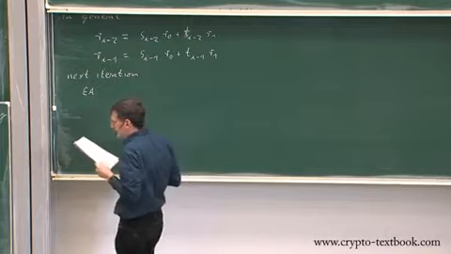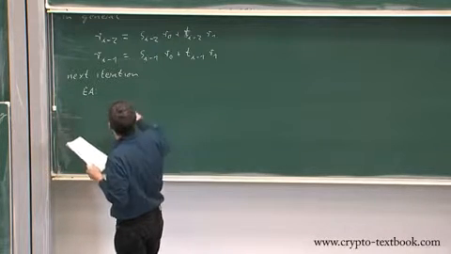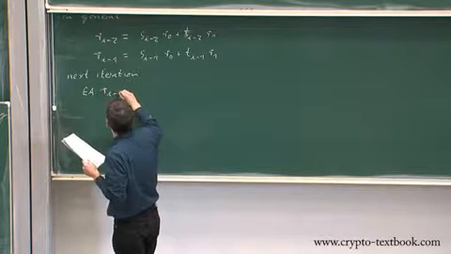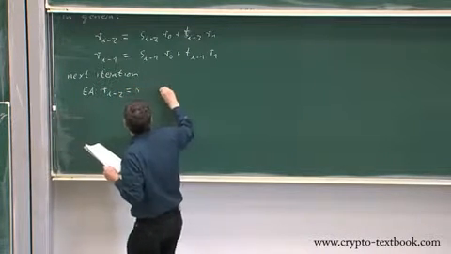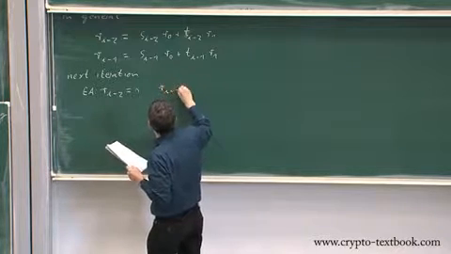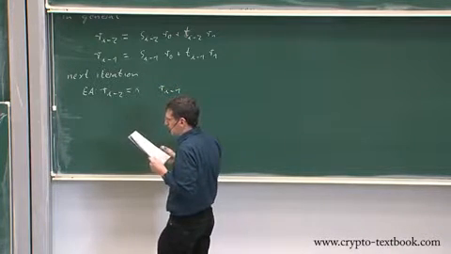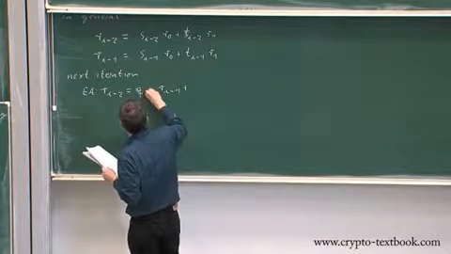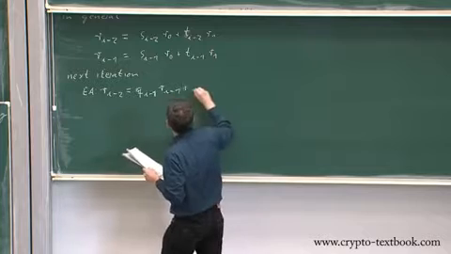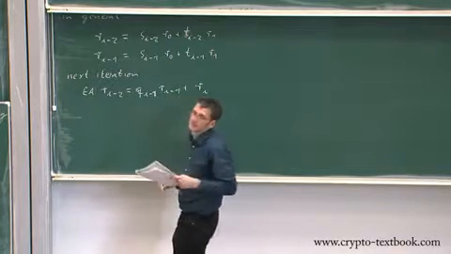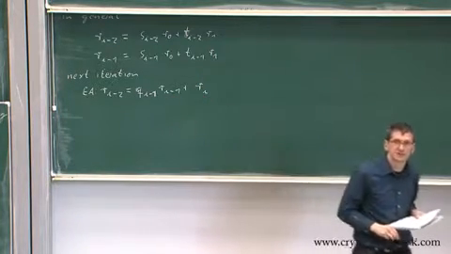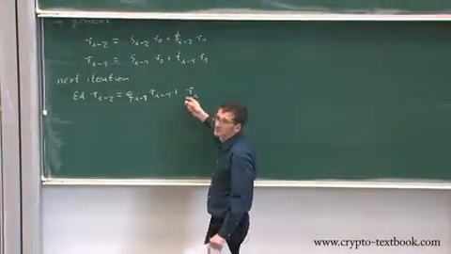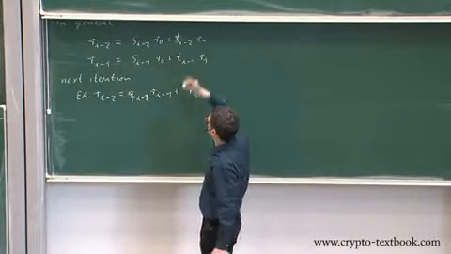The regular Euclidean algorithm gives you this equation: R_{i-2} is equal to R_{i-1} times q_{i-1} plus, this is the new remainder, R_i. So this is what we wrote on the left-hand side.